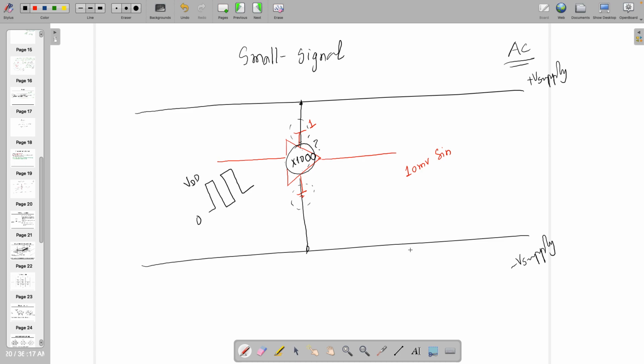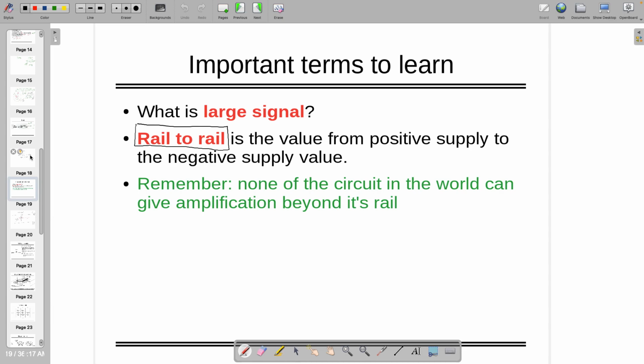So this is rail to rail, and this is known as the positive rail and this is known as the negative rail, right? So positive and negative rails are the ones which are treated as VDD and supply and ground. So this is another word which is very popular and which is used.